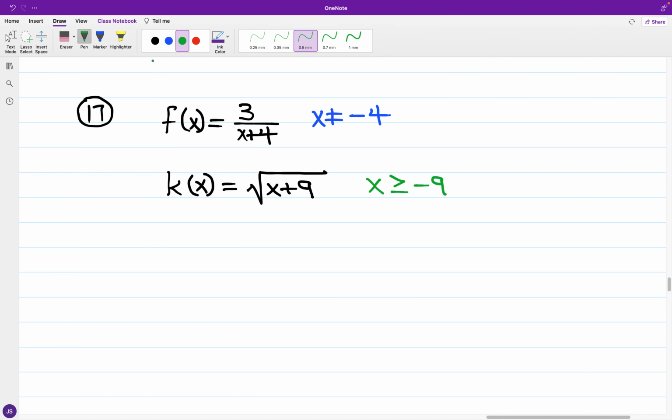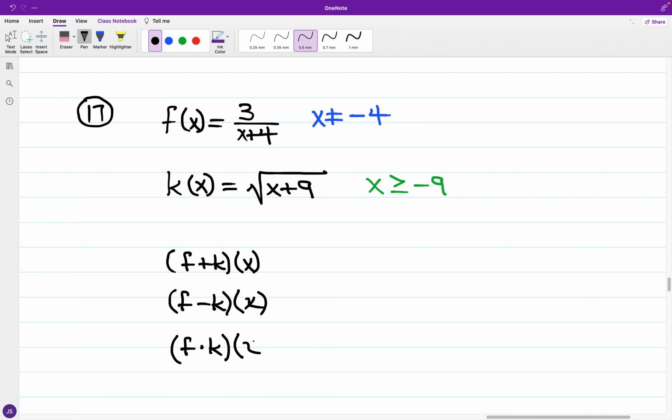Now we have f plus k of x, and we have f minus k of x. Then we have f times k of x. Just restating, these three operations are going to have the same domain.